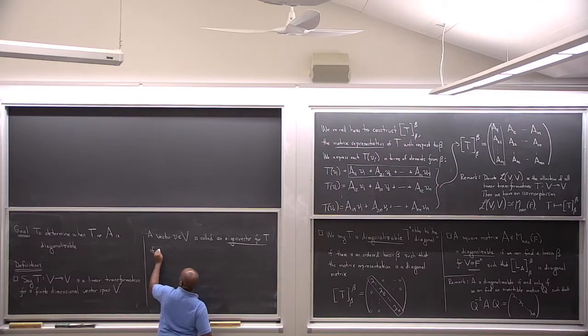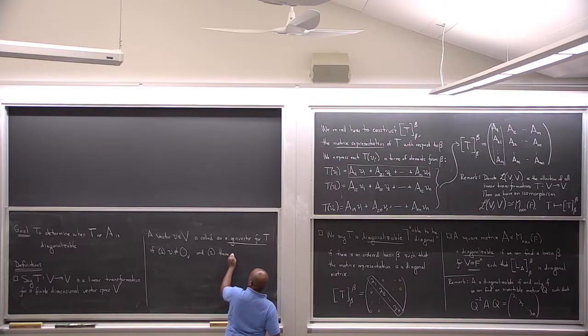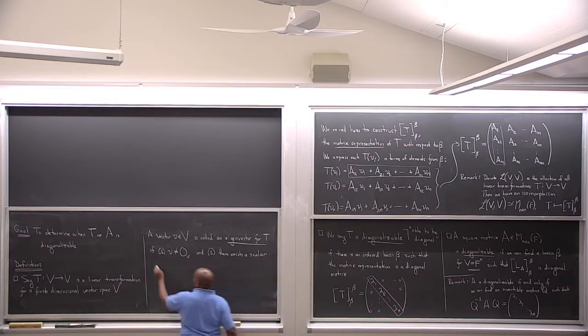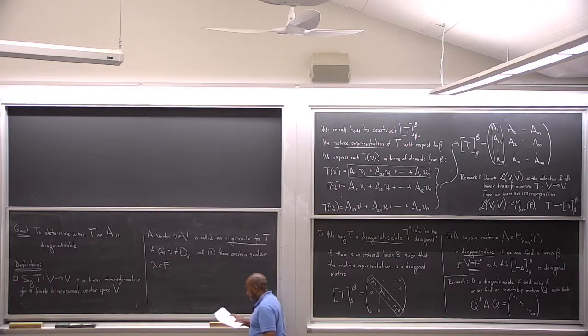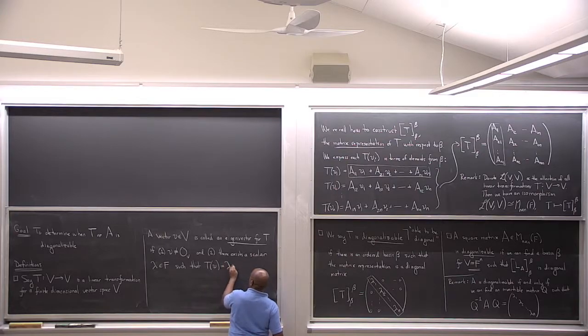Should really say two things. So one, v does not equal the 0 element. And two, there exists a scalar, let's call this here lambda, such that T of v is lambda v.